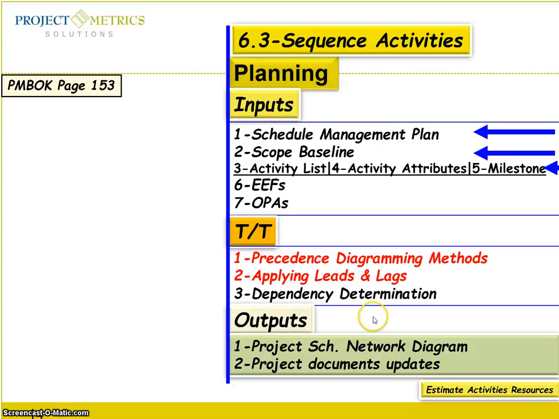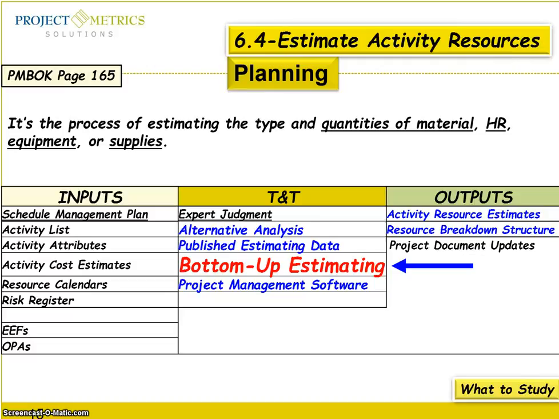The next step, you are going to estimate the activity resources. It is estimating the type and quantities of material, human resources, equipment, and supplies. The inputs here are a schedule management plan, activity list, activity attributes, activity cost estimates, and with tool and technique, it is a new expression, bottom-up estimating, which is accurate.